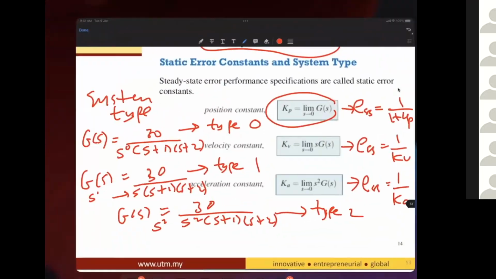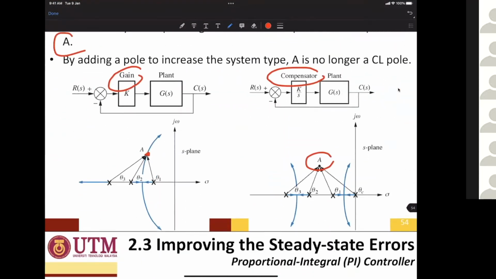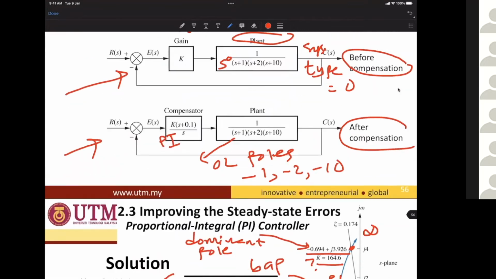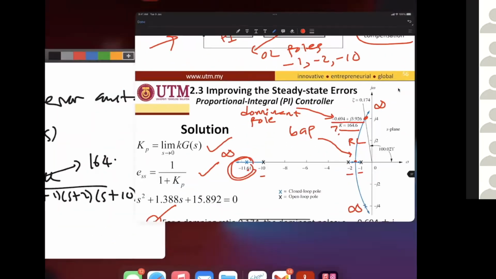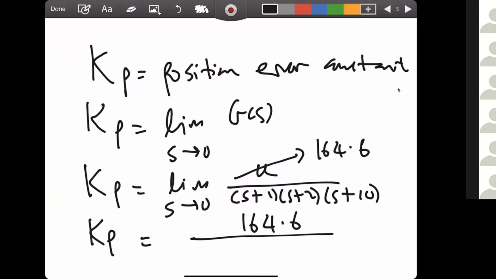Satu enam empat, 164.6. Okey. So gantilah. 164.6 ganti dalam ni 0, 0, 0. Jadi 1 darab 2 darab 10. Berapa?